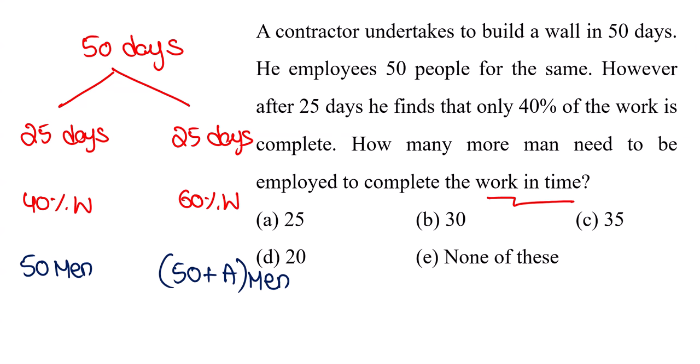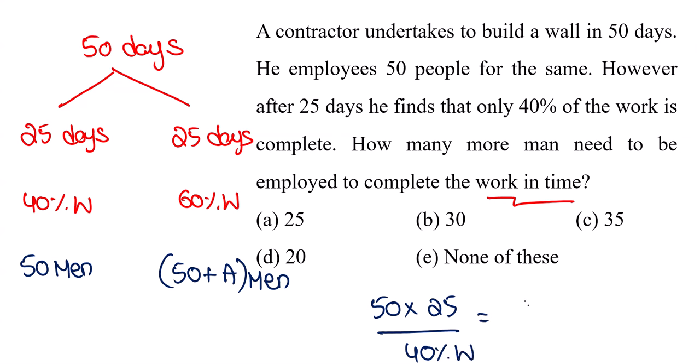How many more men? When you have less time to complete more work, you can apply the chain rule. How many members, how many days, remaining hours and efficiency in order, work is 40%.